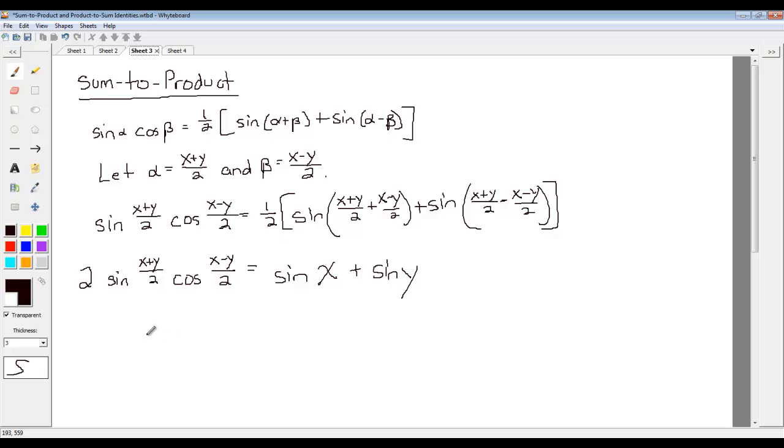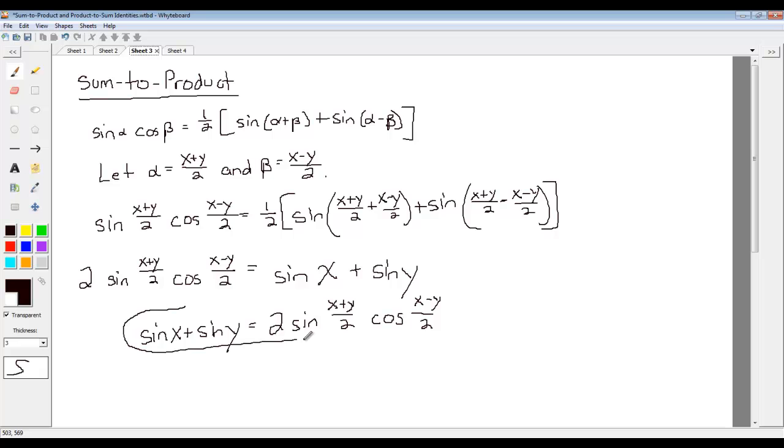And there it is. Sine x plus sine y equals 2 times sine of x plus y over 2 cosine of x minus y over 2. There's that one.